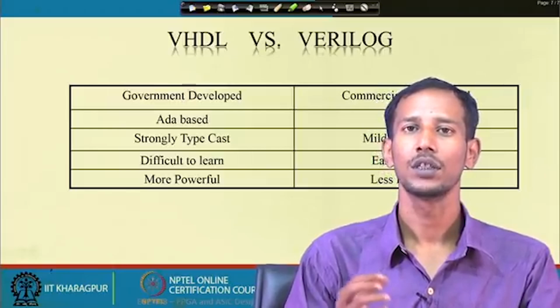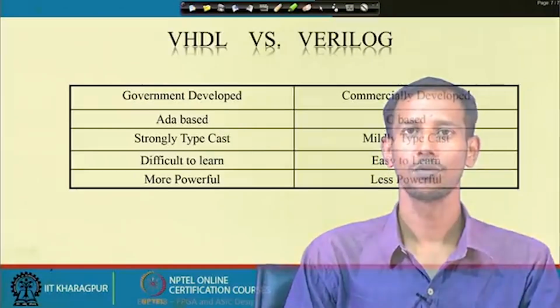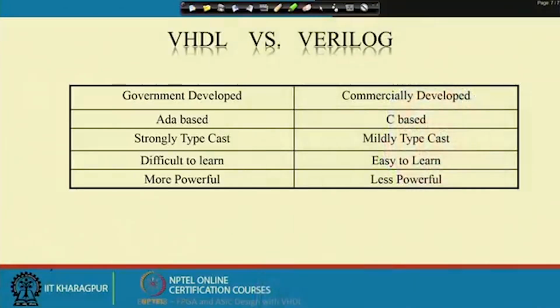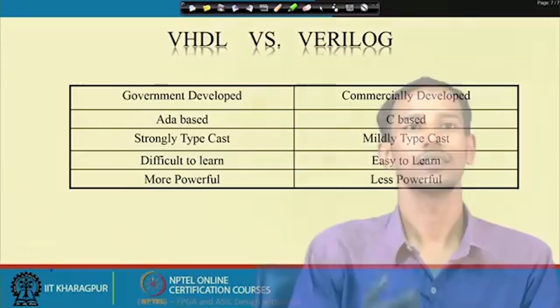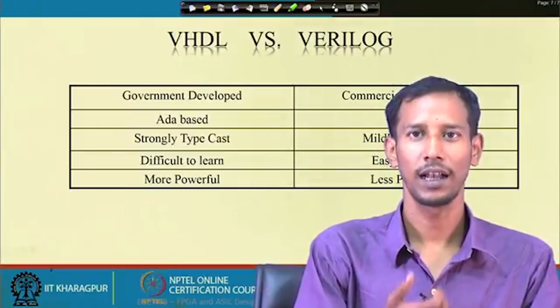Whenever you are using an automation tool to design your system, a system definition language should be there. That is why there are hardware description languages, specific languages by which you can describe the hardware, so the tool will know that this is a hardware description language.